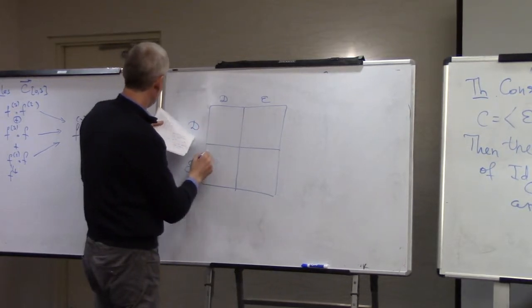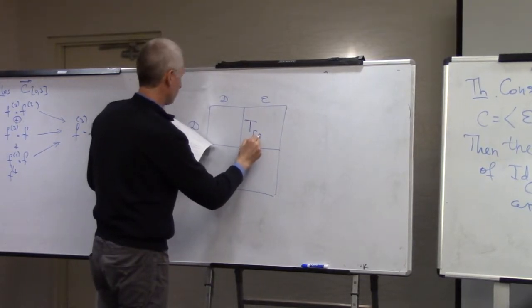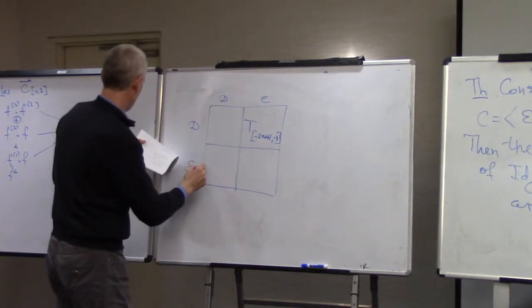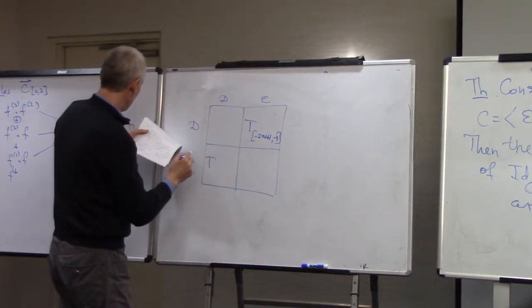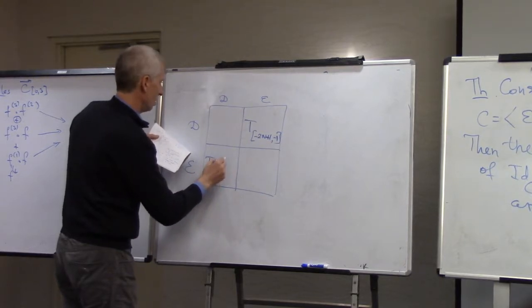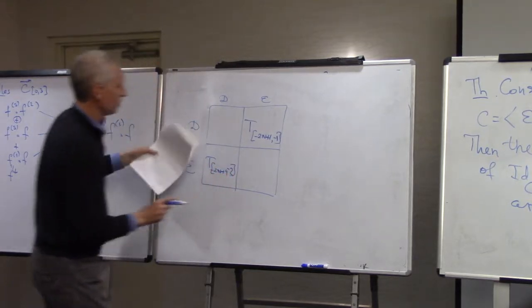This would be T minus 2m plus 1 minus 1. Here it will be T minus 2m plus 4 minus 2. I may screw this up a little.